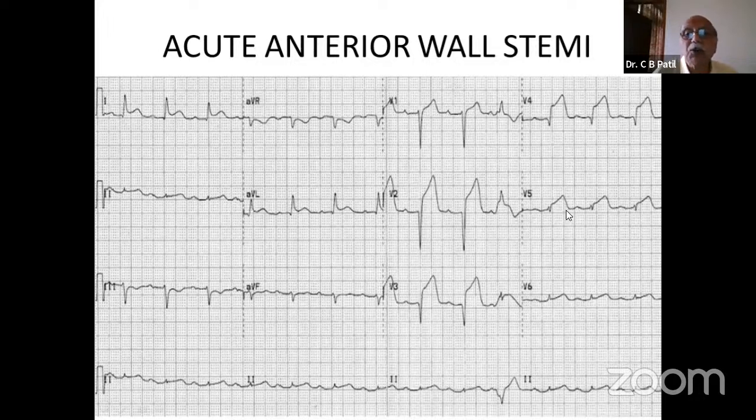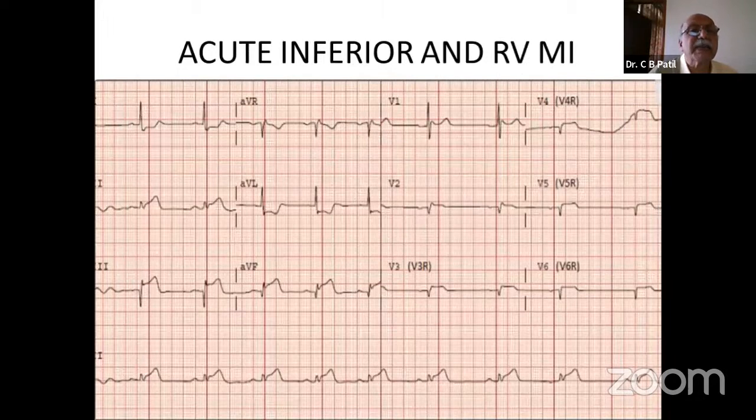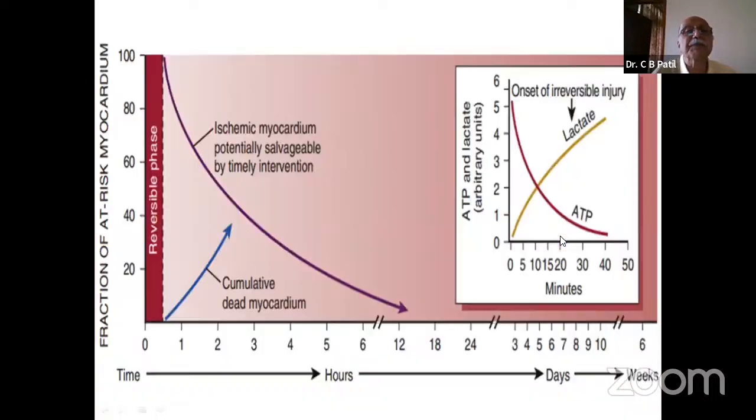These are called contiguous leads. So this is an anterior wall myocardial infarction of an ST elevation type. Similarly, here you can see lead 2, lead 3 and AVF, and also RV leads are showing ST elevation, RV3, RV4, RV5. So this is called an inferior wall myocardial infarction with an RV infarction.